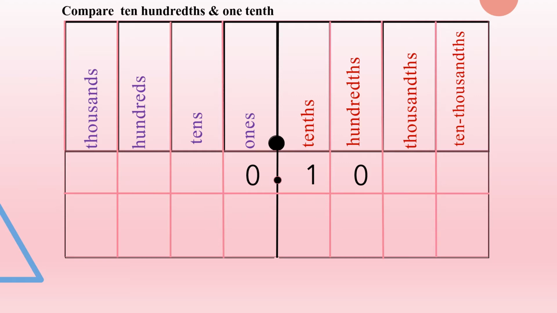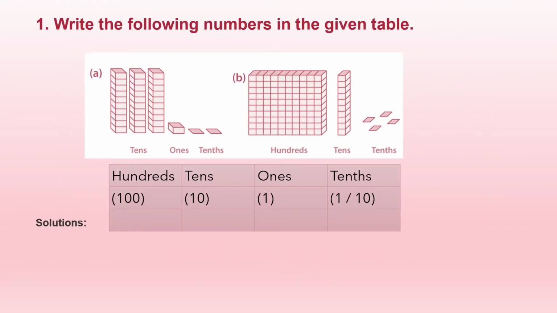So 1/10, 1 by 10 means 0.1. Here in the hundredth place, we have 0, so it has no value. So how will you compare 0.10 and 0.1? Which one is greater or lesser? Yes, both are same. So now let us see some exercise sums which are given in NCERT textbook chapter 8. Exercise 8.1.